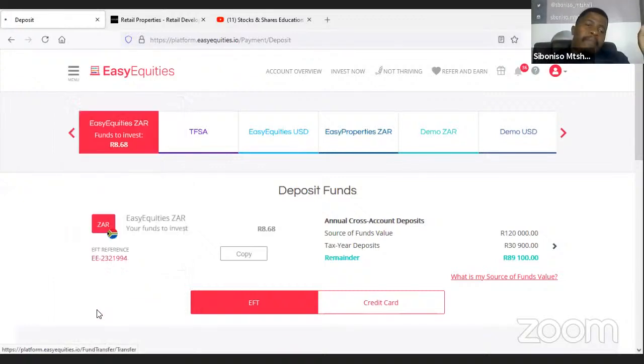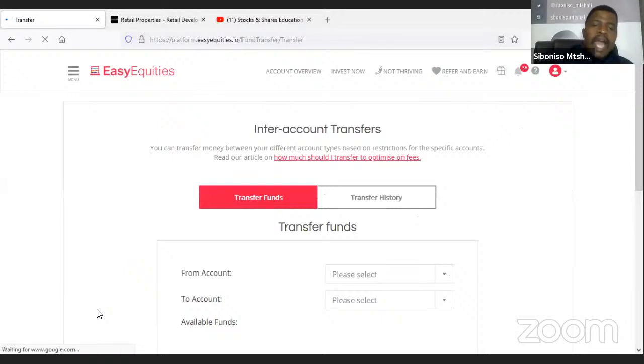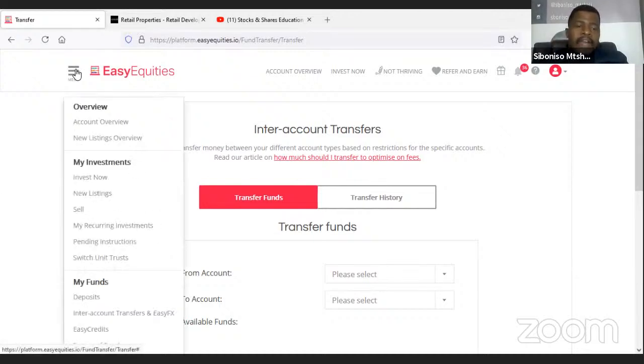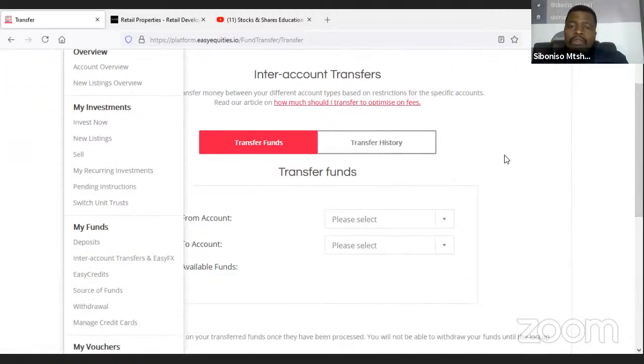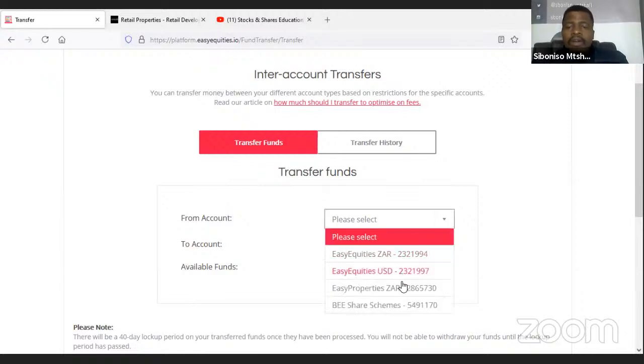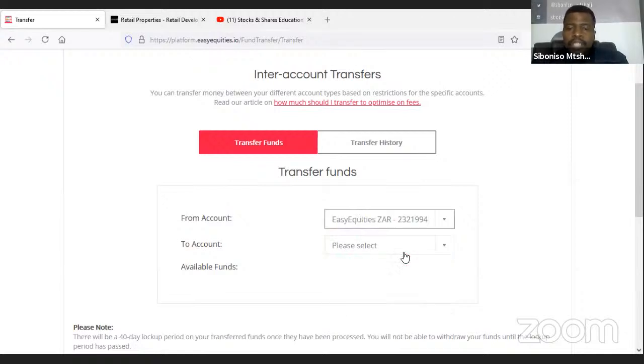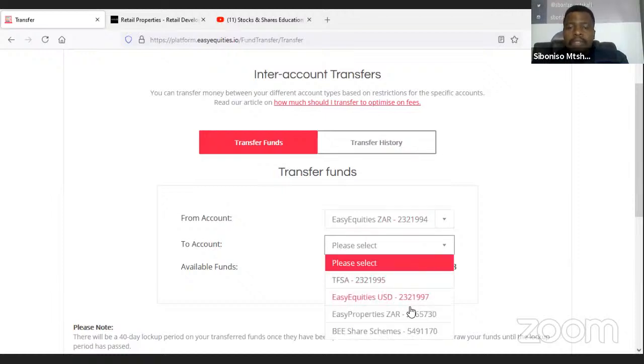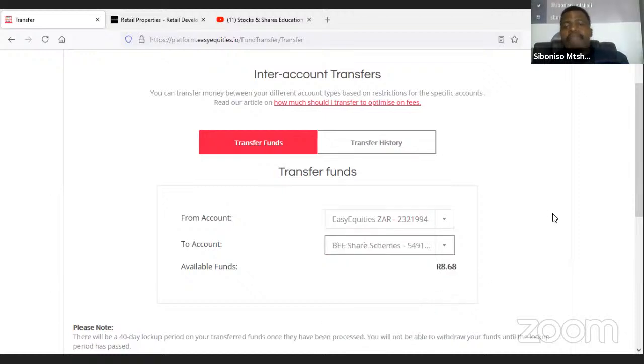And if maybe you've got money in your ZA account and you want to transfer it to the BE part, you are able to go to menu, and then under my funds, there is this inter-account transfer. You can transfer money from ZA to, maybe, the BE scheme, for instance.